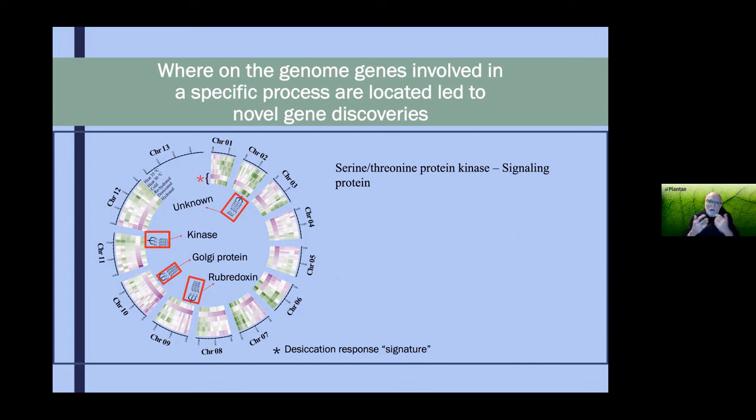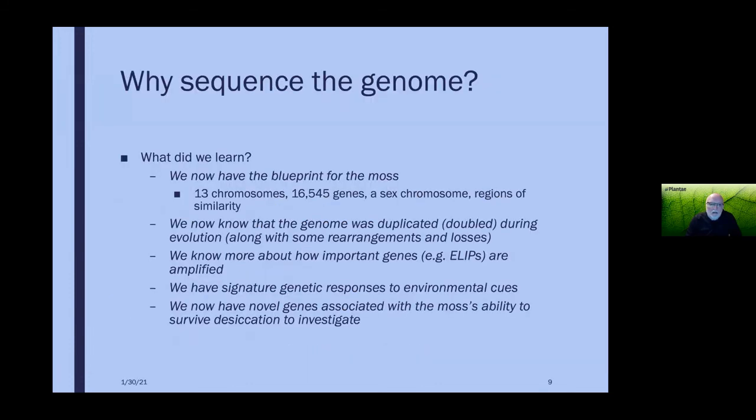So overall, you can see how the genome can inform you in all sorts of areas of biology, and certainly the biology of the moss. This is sort of a summary. We know that we have the blueprint for the moss. It's made up of 13 chromosomes, 16,545 genes, and a sex chromosome.